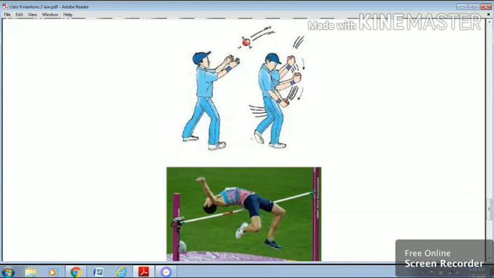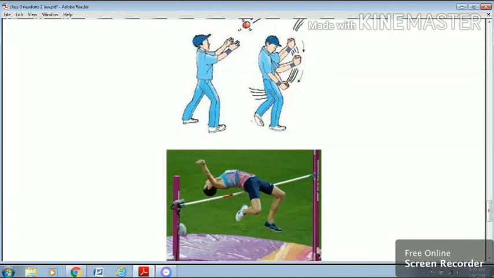Now one more example is that athletes often land on sand or foam after taking a high jump. When an athlete lands on a hard floor, he may hurt his feet because his feet or his back comes to rest almost instantaneously. So a very large force is exerted by the floor on his feet.